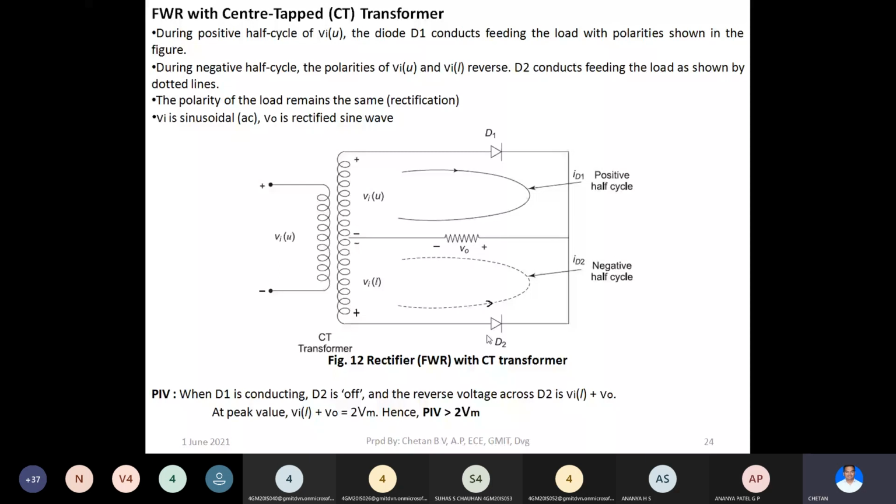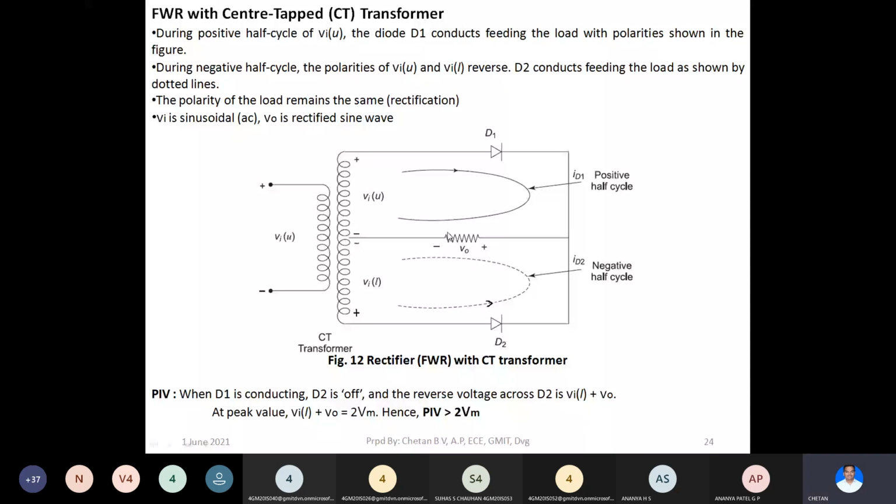Similarly, in the opposite direction, during the negative half cycle, D2 will be conducting, so it is a short circuit here. And if you try to find the peak inverse voltage across D1, D1 will be reverse biased during the negative half cycle. Therefore, there is an open circuit here. So if you look from this side, you will find the voltage across this load, which is V0, plus the voltage across this part of the secondary of the transformer.